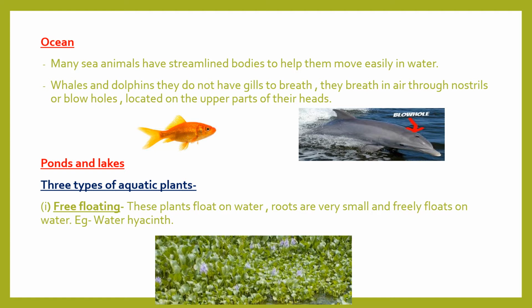The dolphins and whales living in the sea also have streamlined bodies. Some animals do not have streamlined bodies, like squids and octopus. What do they do? When squids and octopus move in seawater, they make their body shape streamlined, and then they move in the water.